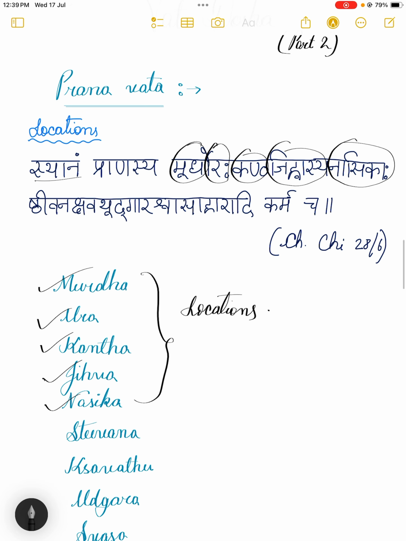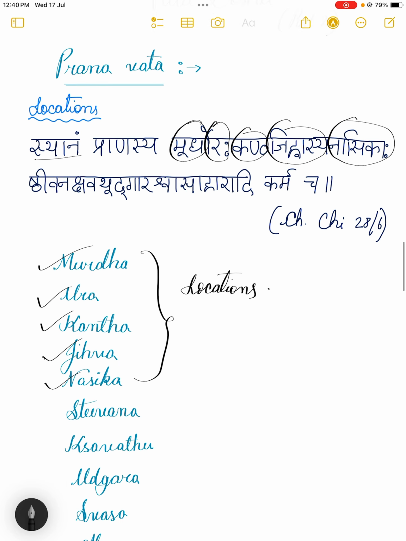However, in the next line, that is Stevanang Shavathu Udgara Shwasha Ahara Adi Karma Cha. Now, what does this mean? There is a sandhi here. Firstly the word Stevanang means sneezing, then Shavatu, Udgar, Shwash, and Ahar.